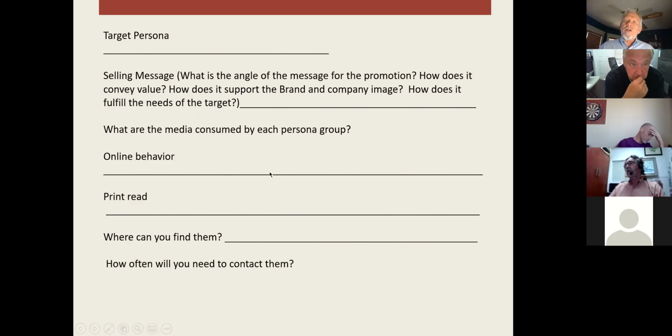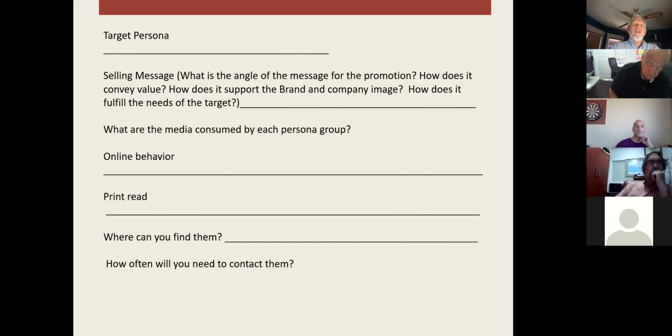Then we haven't talked much about personas, but this is a newer concept, probably within the last 10 years or so. The idea is to go further than target marketing. Understand who the buyer is. This is a way to force yourself to think it through, and you actually give this hypothetical person a name that would sort of represent who it is.